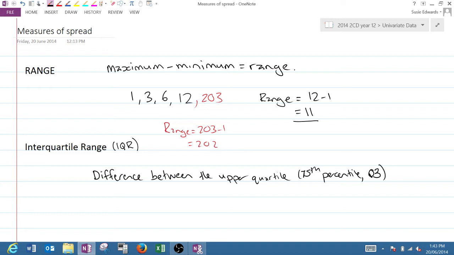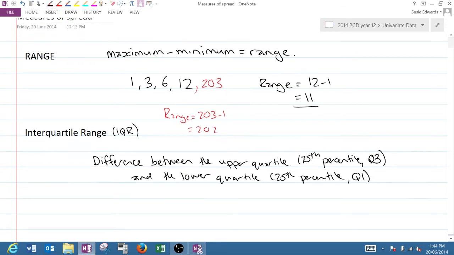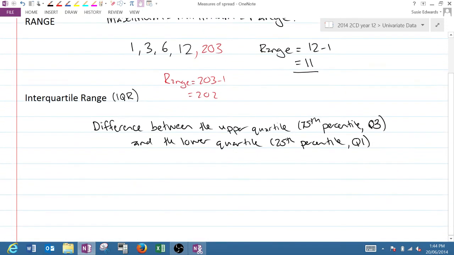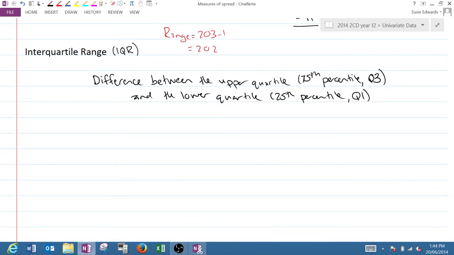So the difference between the upper quartile and the lower quartile, which is also called the 25th percentile or Q1. Now I'll explain about the Q1 and the Q3 a bit more in a second. But the official definition for interquartile range is Q3 take Q1 equals the interquartile range.